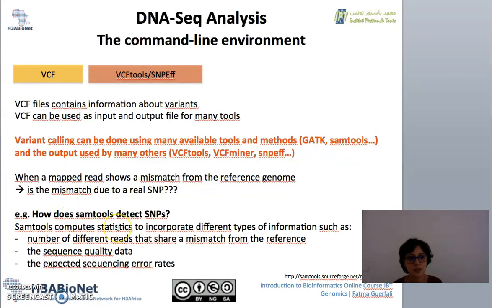These tools compute statistics basically to know the different reads that share a mismatch from a reference, the sequence quality data, the expected sequencing errors, and they combine everything in order to know, if you are seeing a mutation in a VCF file, if this mutation is just due to a sequencing error or to a real SNP.